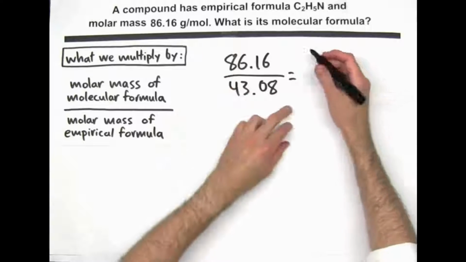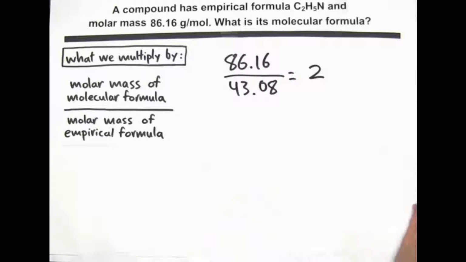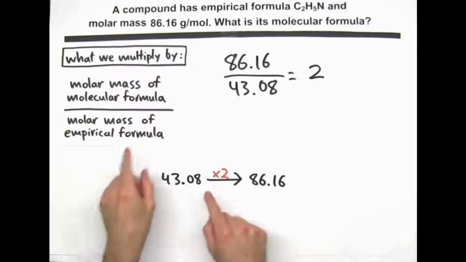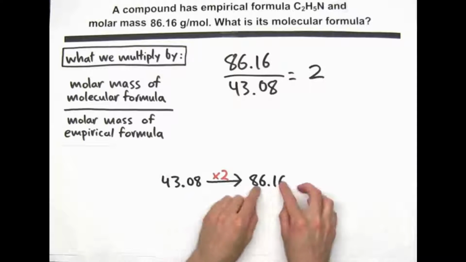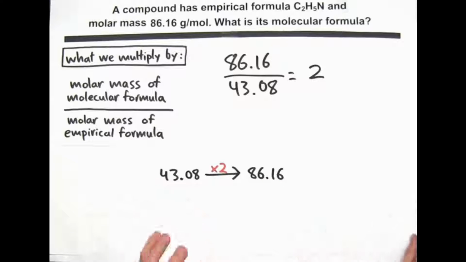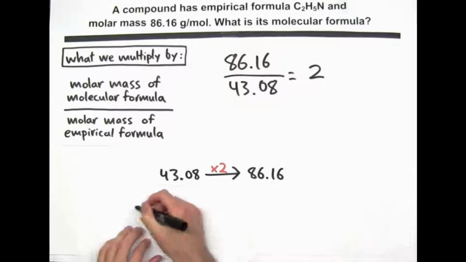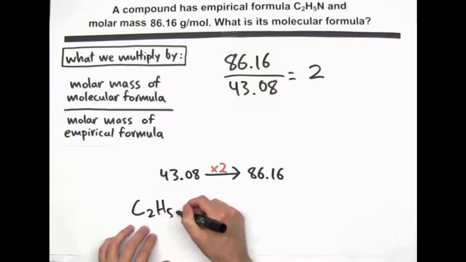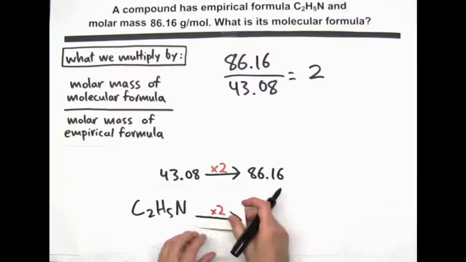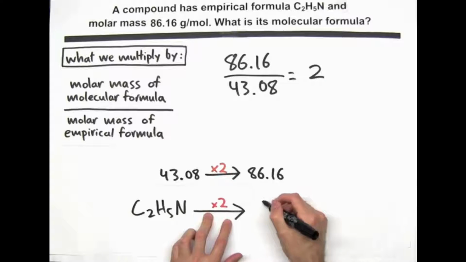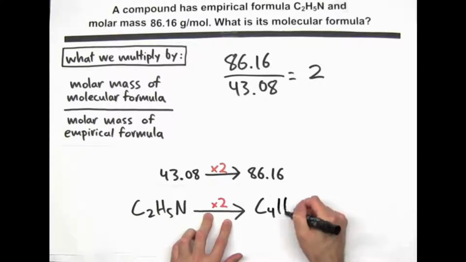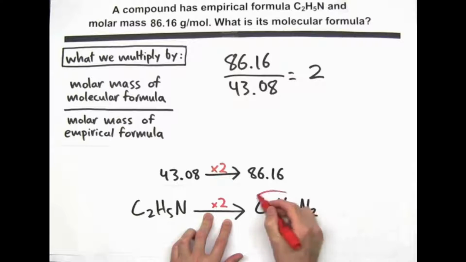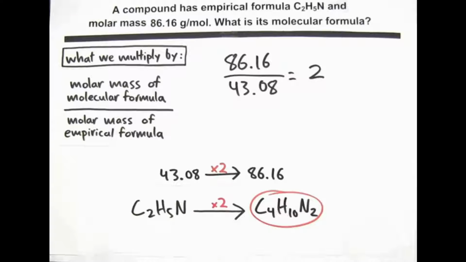We divide this by this, and we get 2. So 2 is what we have to multiply the empirical formula's molar mass by to get the compound's molar mass. To get the molecular formula of the compound, we'll take the empirical formula, C2H5N, multiply it by 2, and get C4H10N2. And that is the molecular formula of the compound we're solving for.